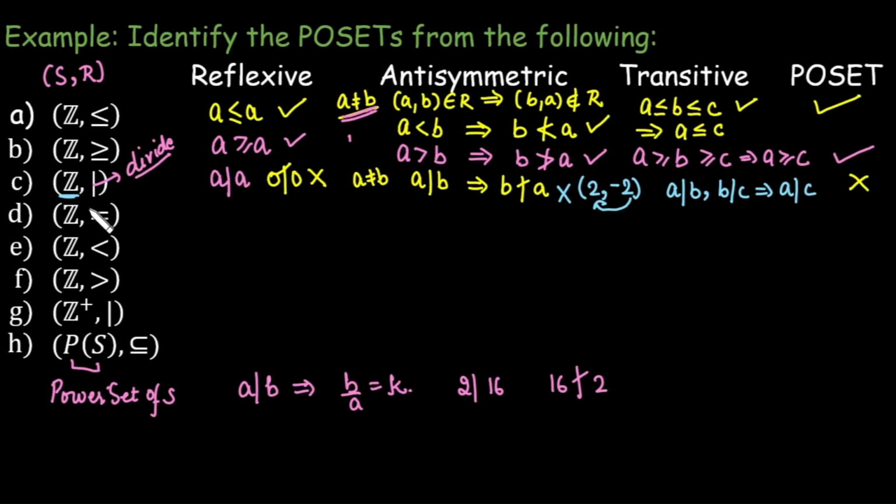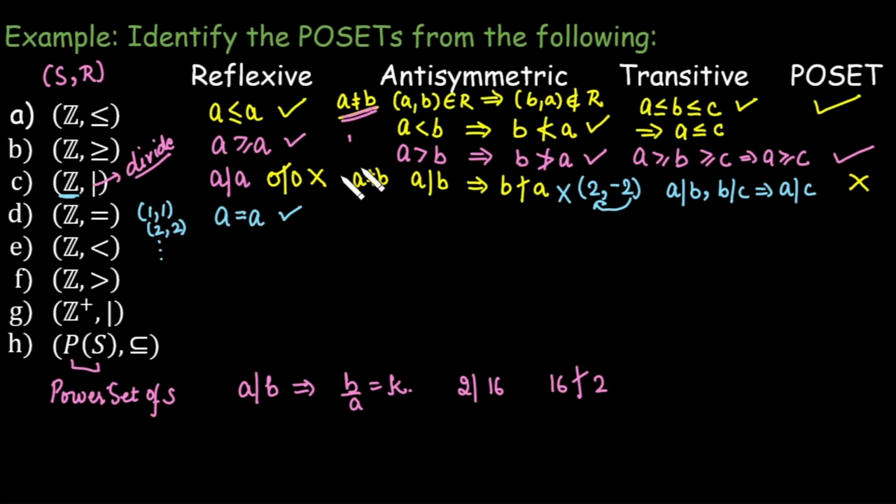Set of integers, we are taking the elements that are equal, meaning we are taking the elements of the form (1,1), (2,2) and so on. Now whether this is a reflexive relation, whether every element is equal to itself? Yes. For antisymmetric, we are taking A is not equal to B. In this case, we don't have such cases.